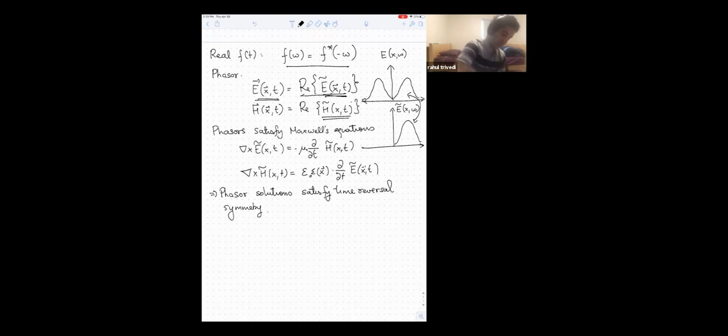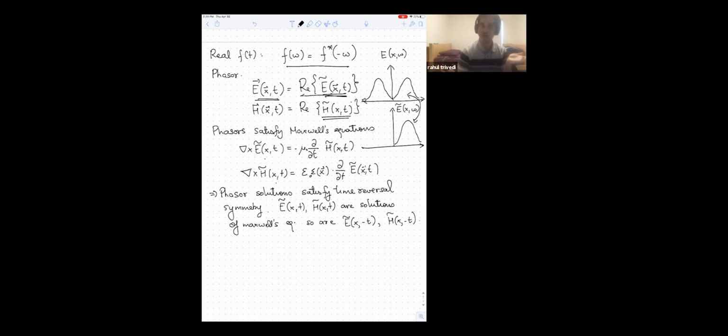Okay, so your phasor solutions also satisfy time reversal. So you could say that if E tilde and H tilde are solutions of Maxwell's equations, then so are E tilde of x comma minus t and H tilde of x comma minus t. Okay, so this again should hold because it satisfies the same set of differential equations.